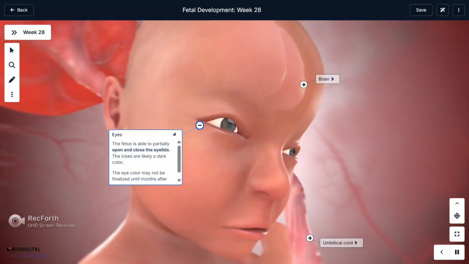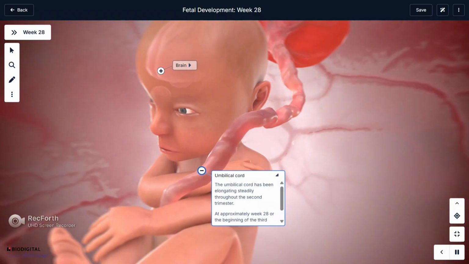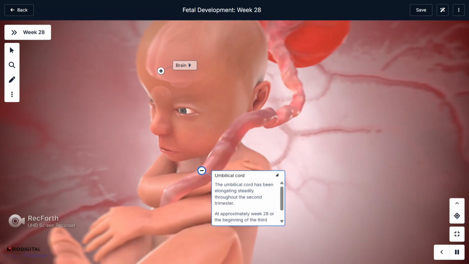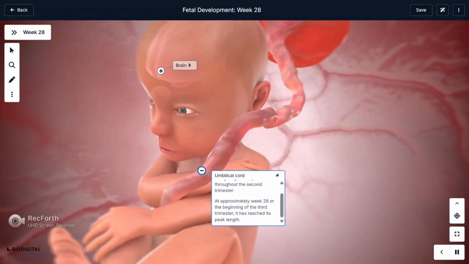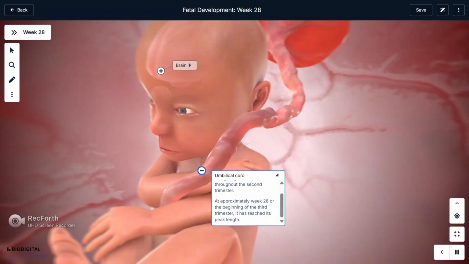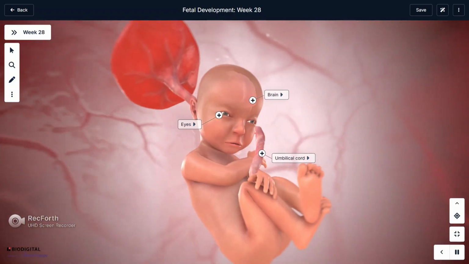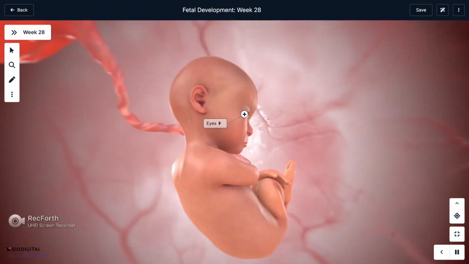The eye color may not be finalized until the months after birth. The umbilical cord has been elongating steadily throughout the second trimester. At approximately week 28, or the beginning of the third trimester, it has reached its peak length. So this is now the development of the fetus by week 28.